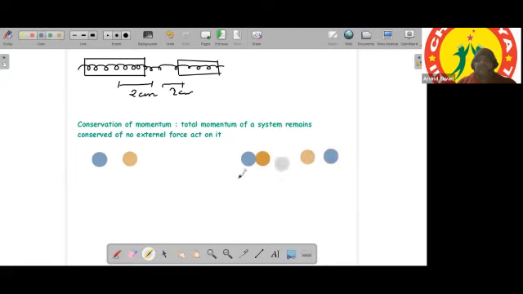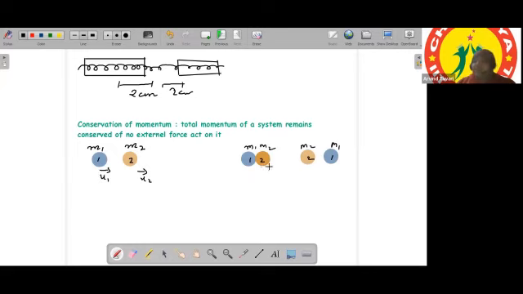Let the first object have mass m1 and the second object have mass m2. Again, after the collision they have their masses as m1 and m2. Masses do not change. Suppose the mass m1 was moving with some velocity u1 and mass m2 was moving with some velocity u2.